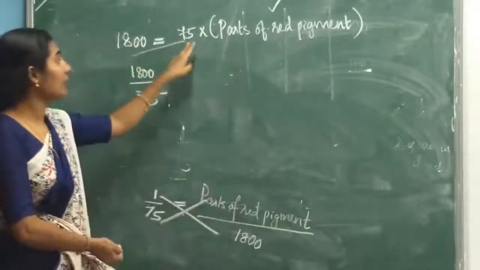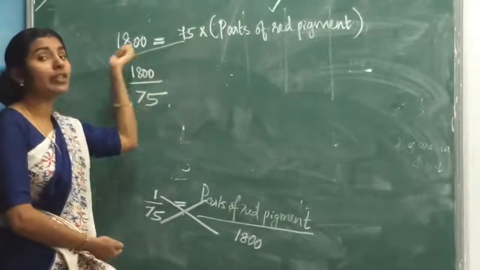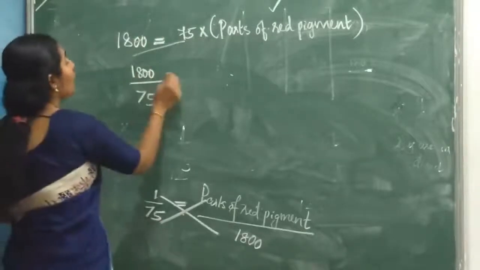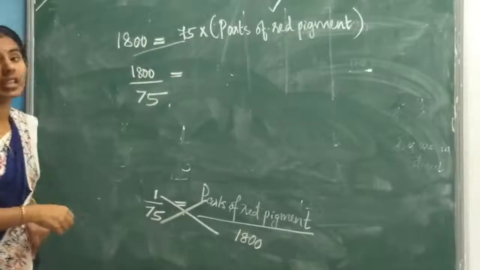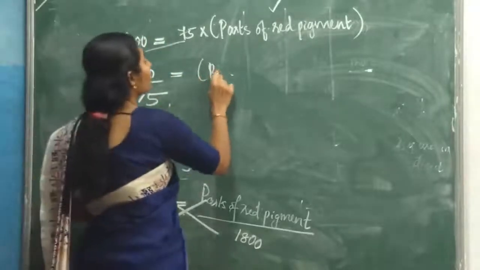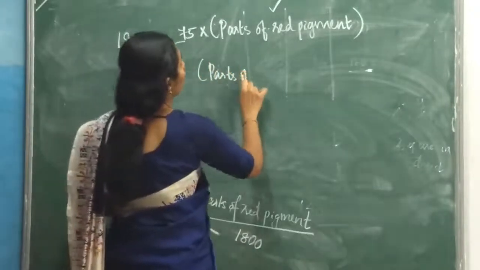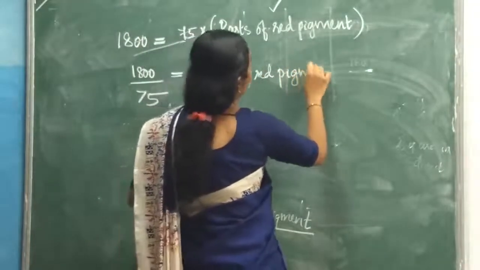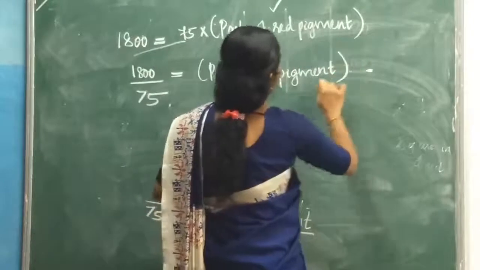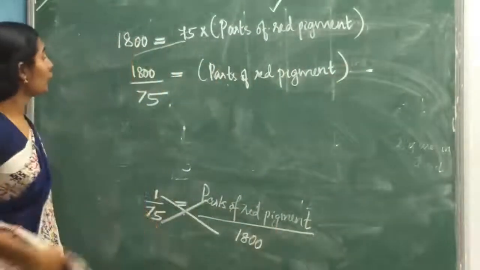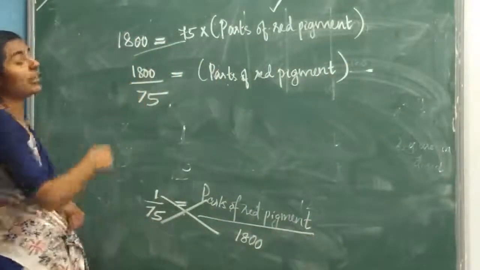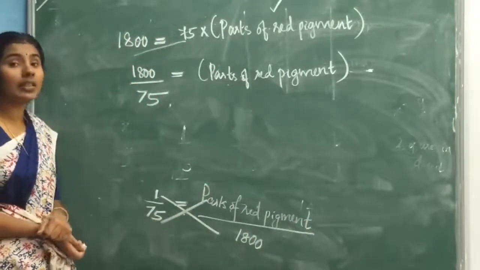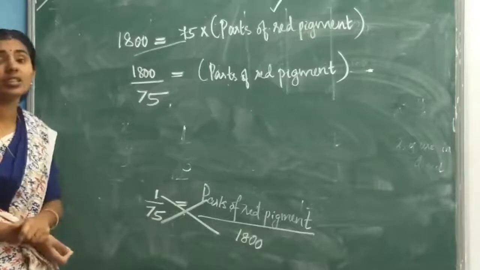Again you see, 1800 equals 75 multiplied by parts of red pigment. Now we see, here it is multiplied. So when you shift 75 to the left side, we should divide the number. So what will you get? 1800 by 75 is parts of red pigment. So now what will you get as the answer? 1800 divided by 75. Either you can directly cancel the numbers or you can divide the numbers.